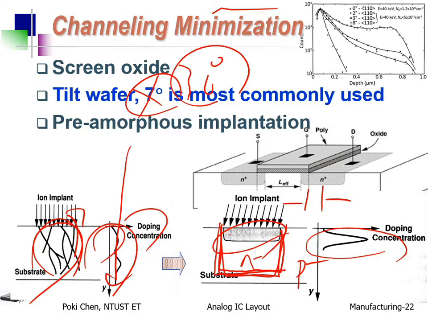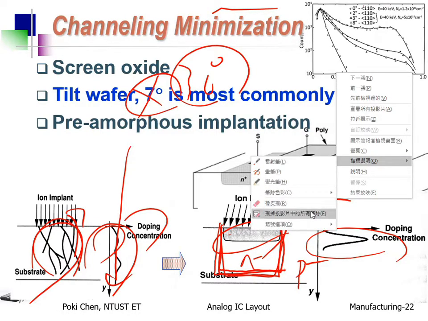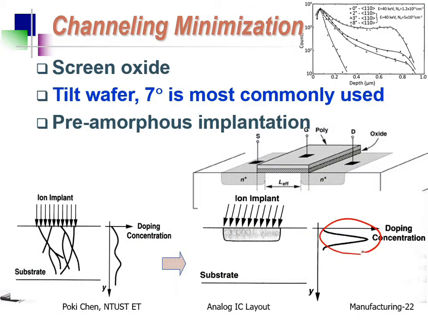Okay, and then the second issue is, compare this to that. The concentration is really low around the surface. The concentration here, only a little bit below the surface, you get very high concentration. It is really good. Why?